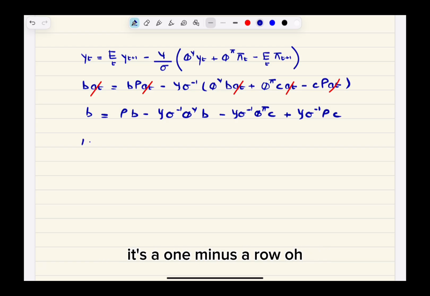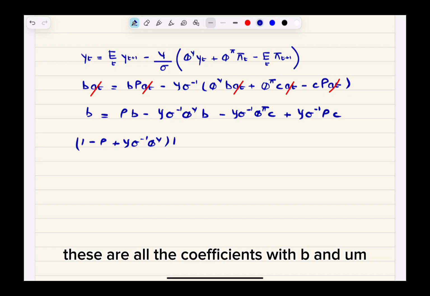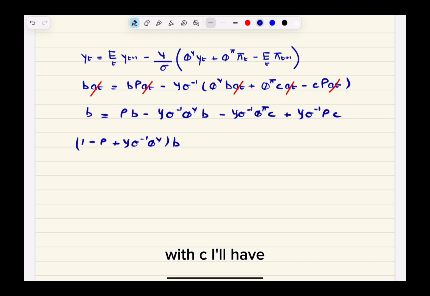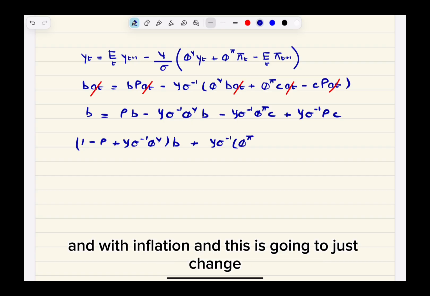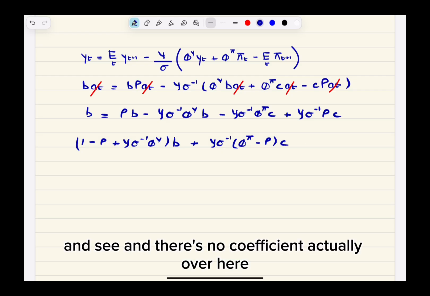It's a 1 minus rho plus gamma inverse of this. Okay, these are all the coefficients with B. And with C, I'll have a gamma, this expression, okay, and with inflation, and this is going to just change signs in C. And there's no coefficient actually over here.